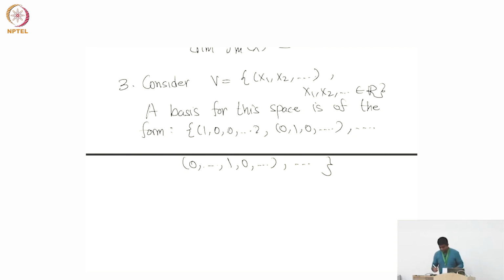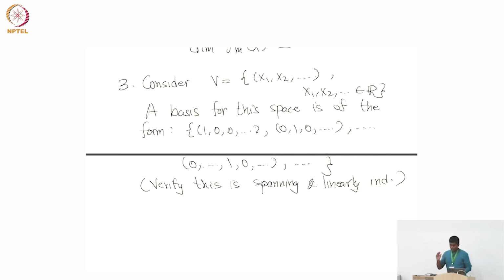You can verify that this is spanning and linearly independent. And therefore the basis here has infinitely many terms, because these are infinite sequences, or infinite tuples. So the basis is not finite. The basis has an infinite cardinality.